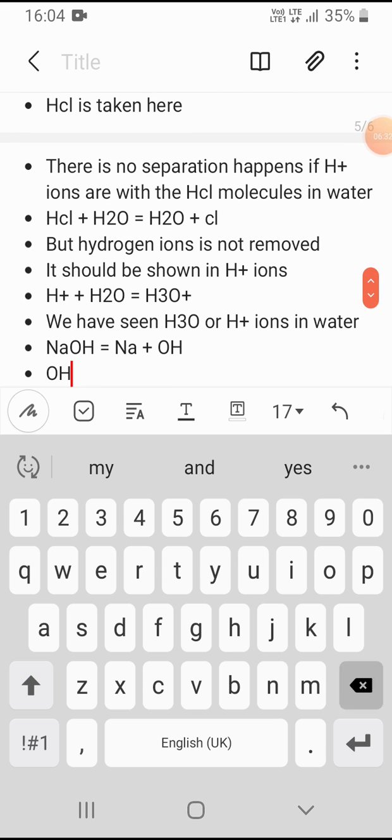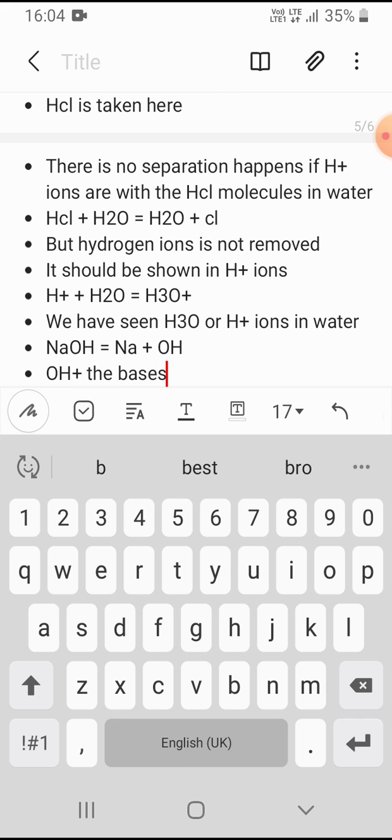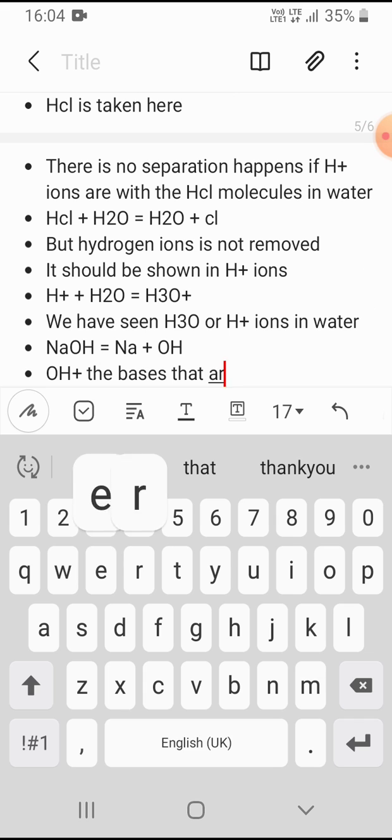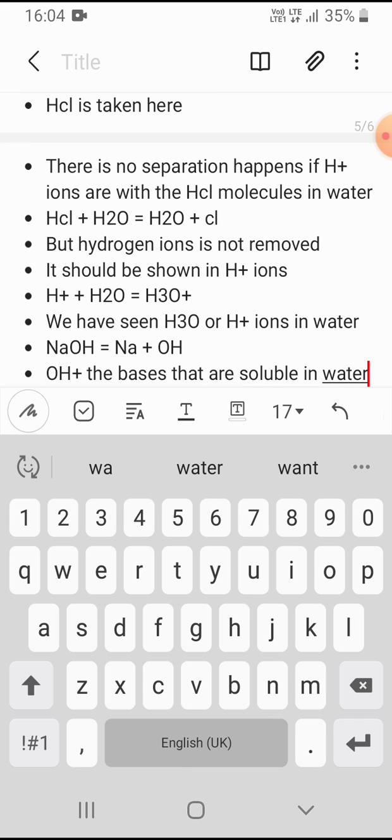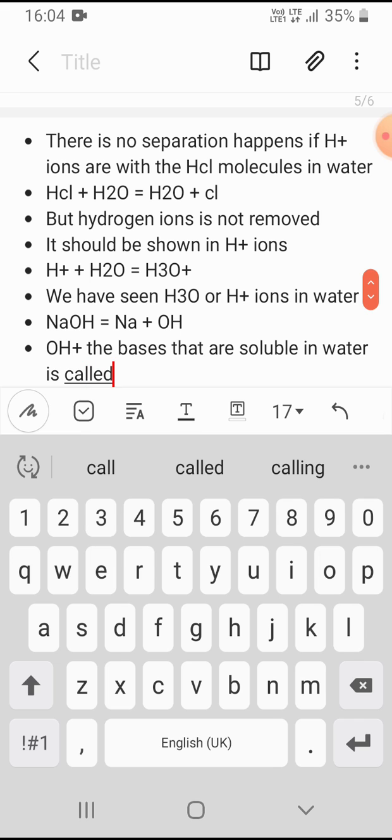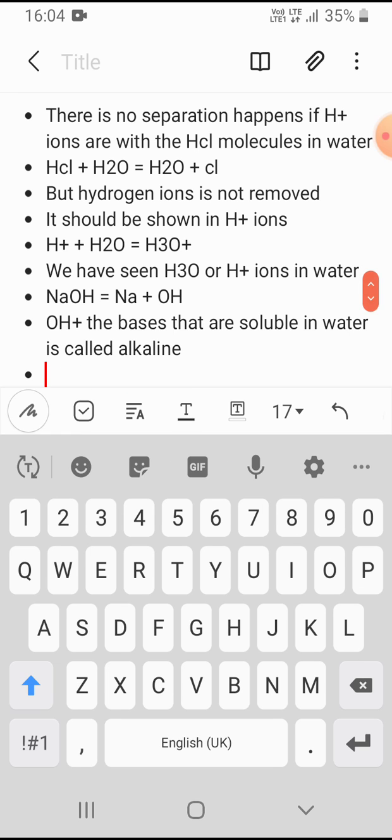Bases that are soluble in water are called alkali. Wait, I will explain what alkali is one by one. I will explain what topics are still left.